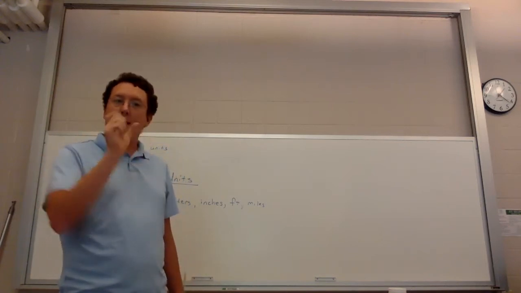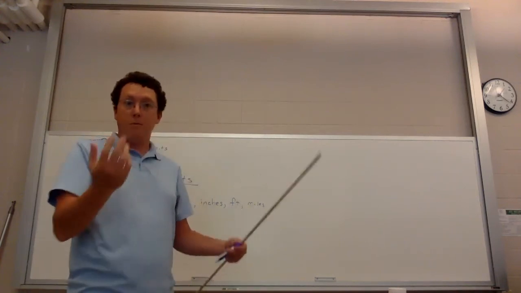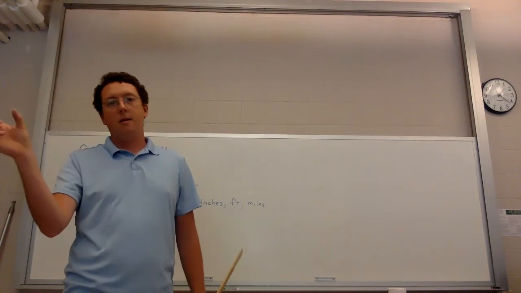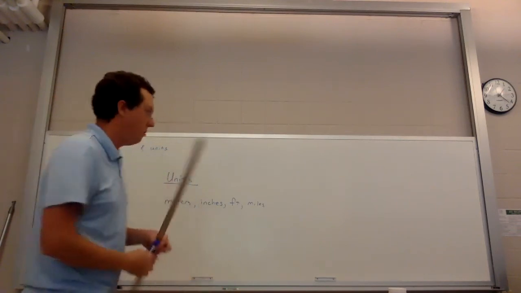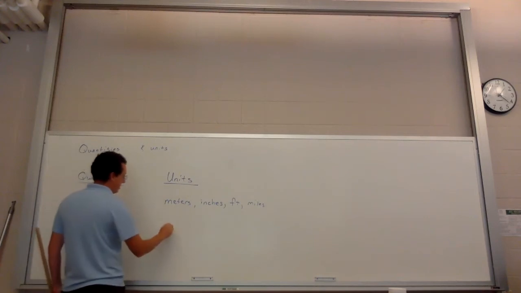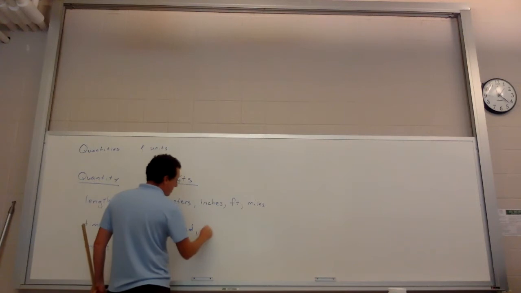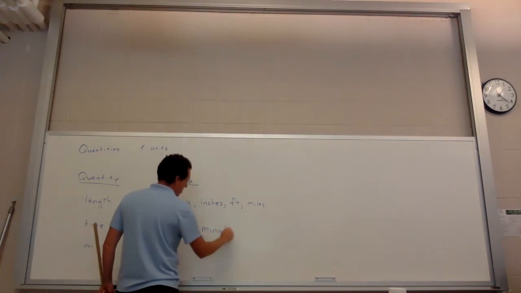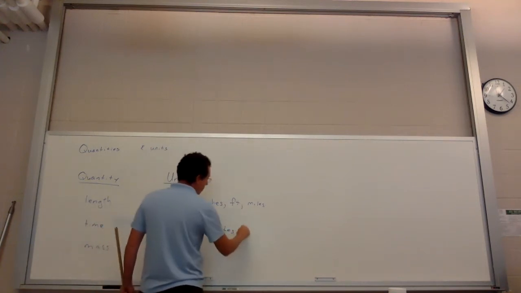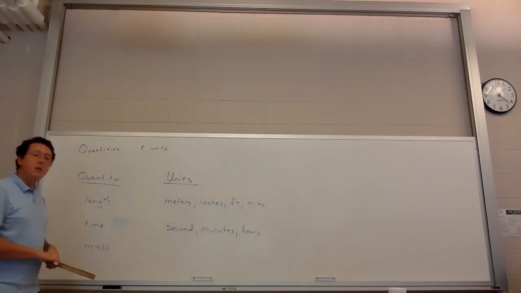And so we agree that that amount would be our standard, and then we compare every other measurement of time to that reference measurement, or that reference unit. So we'll have second. Other units would be minutes, hours, etc.